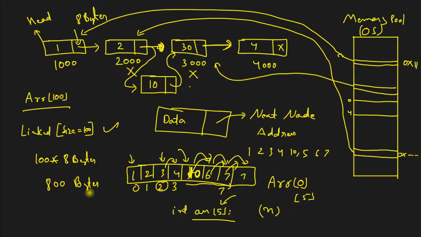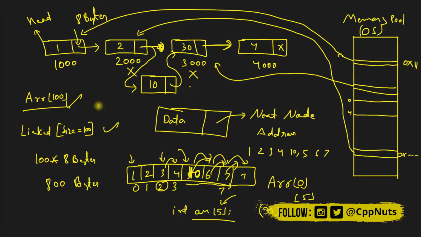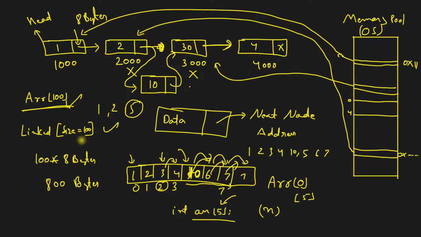But wait a minute, guys. The initial rule of linked list is, dude, don't use me unless you really need me. So if you are always going to have 100 elements in your program, then go for array. That is the best thing for you. But maybe sometimes you will have 1 or 2 or maybe only 5 elements in your program, then don't go for array, because you will end up wasting so much memory.